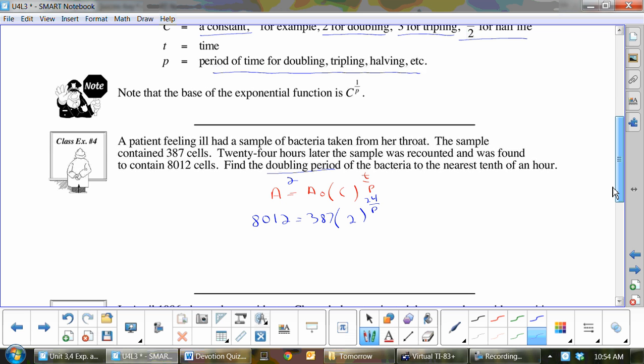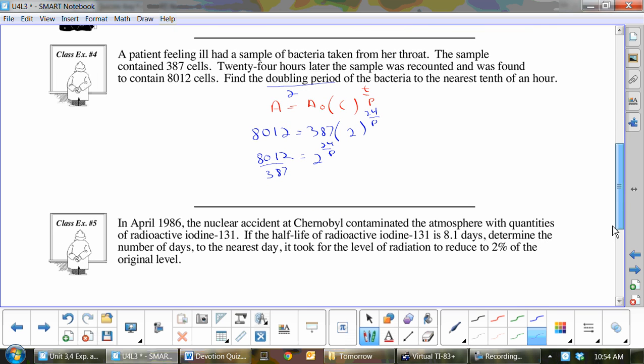Okay, so anyway, the first thing we're going to do is divide 8,012 by 387. Now that doesn't work out nice, so I have to leave it as that, okay? That is a reduced fraction, equals 2 to the 24 over P. Now, what I want to do is get that P down out of that exponent, so I can log it. So that's log 2 of 8,012 over 387. Now again, I'm getting it set up for maybe the diploma just wants to know what it would look like before I put it in my calculator.